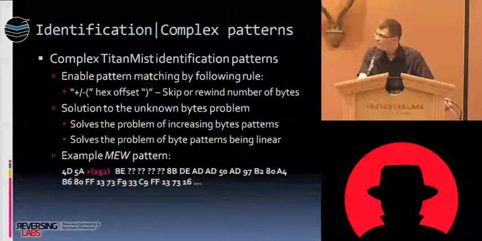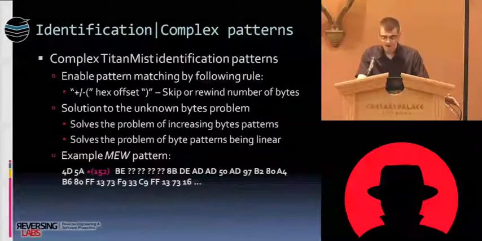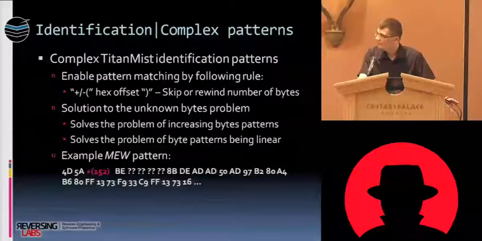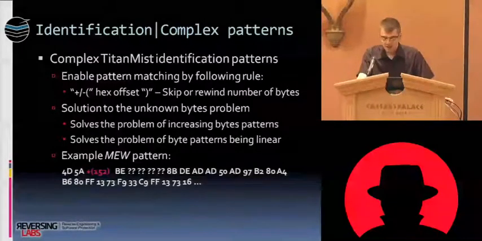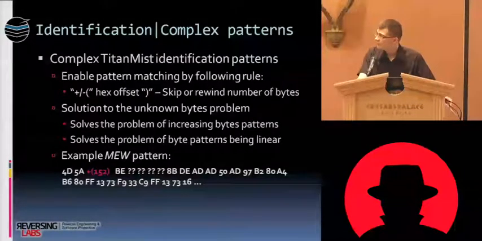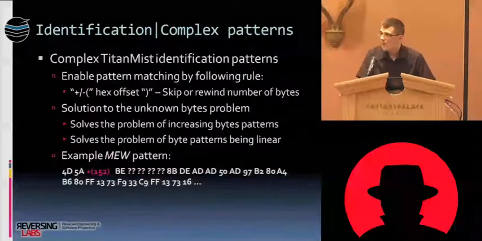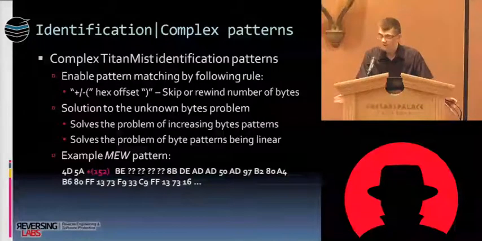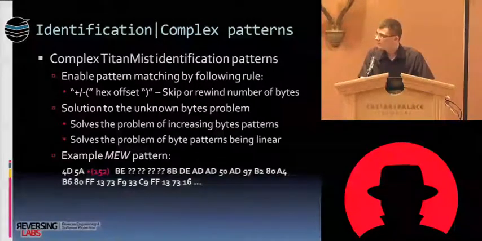If we start the pattern matching from the beginning of the file and match the first 2 bytes, which is just an MZ for the header, we say, okay, jump a certain number of bytes, that would be 152 in hexadecimal in the MEW case, and then we can just continue our pattern matching. So this will compact our signature. We don't have to have 152 hexadecimal wildcards, because there's really no need for this.